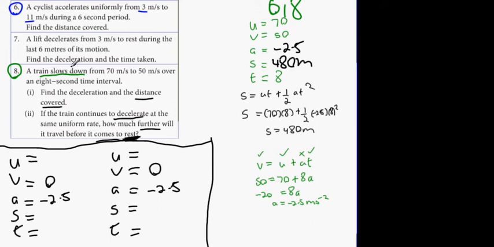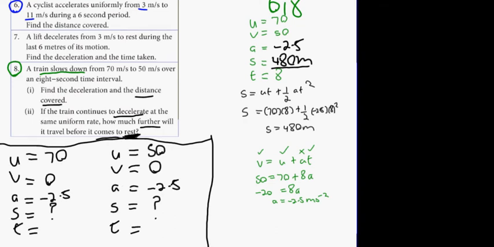I could start off at my initial value of 70, find the S value, and then take away 480, because that 480 is included, since you started off at 70 in the last question. The other way I could do it was start off at 50, and then find out what the S value is, and that will tell me how much further I went. So both methods will give you the same value. Let's see if that's the case.